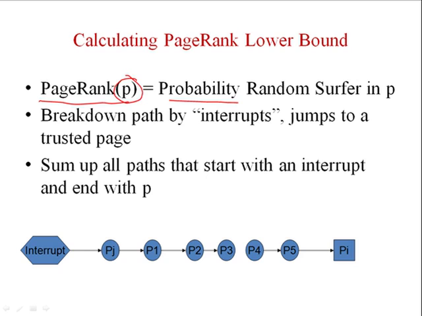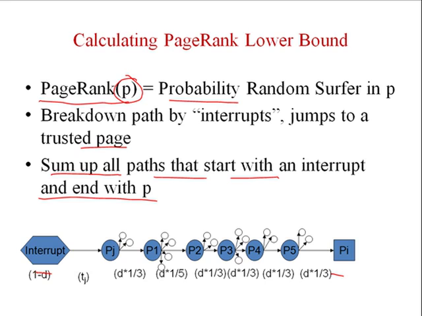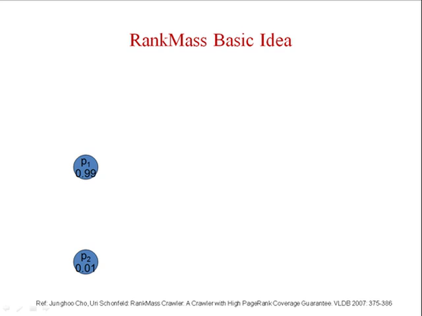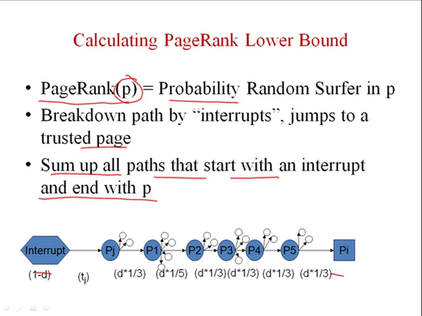Break down paths by interrupts. Jump to a trusted page. Sum of all paths that start with an interrupt and end with P. So such sums will give the PageRank lower bound.